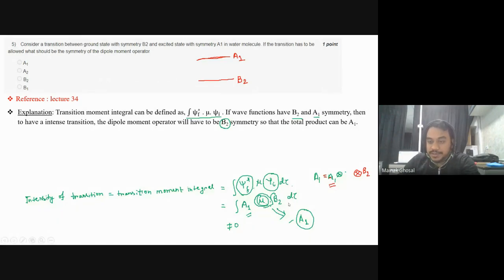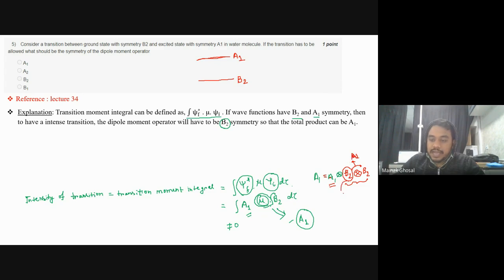I need something that will multiply with B2 to give A1. And if you have seen this character table, only B2 is possible, which will multiply with B2 to give A1.